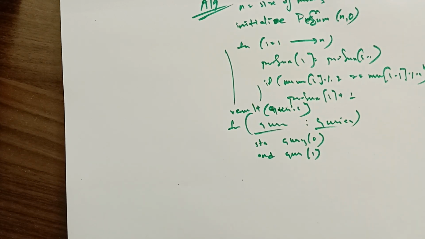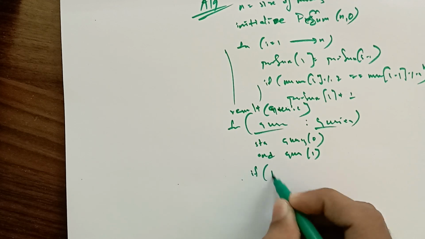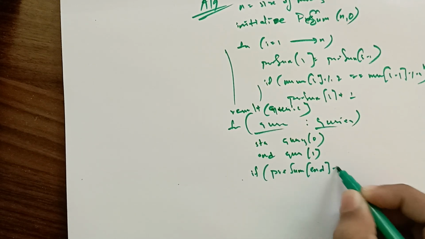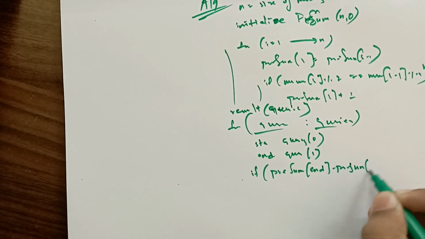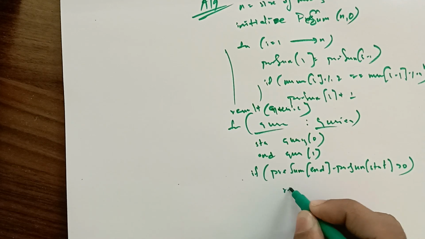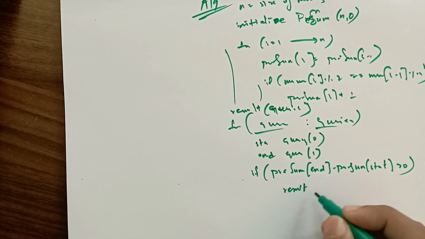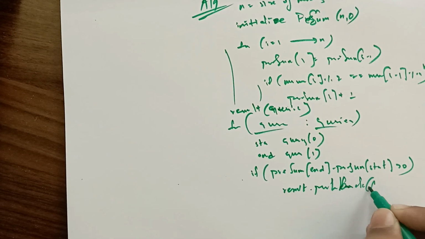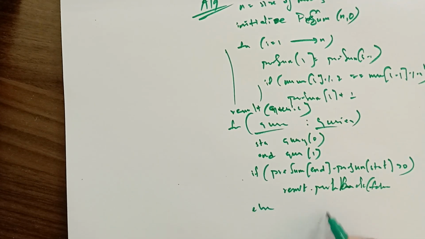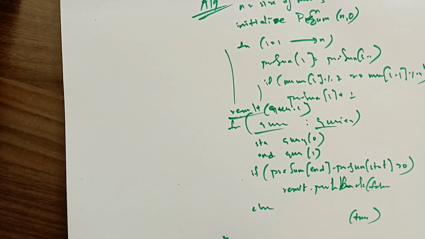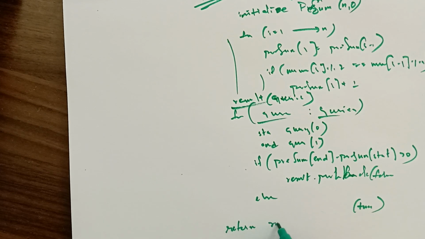Now if prefix sum of end minus prefix sum of start is greater than 0, then we'll be pushing back false. Else we'll be pushing back true to our result, then return the result.